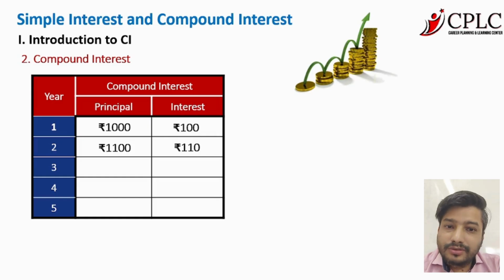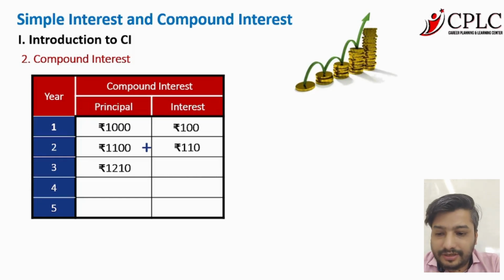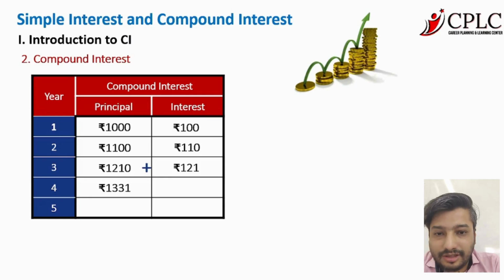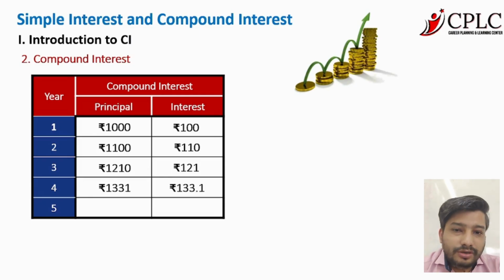Same thing should continue for the next year. This 110 should be added to 1100, makes it 1210 as the new principal for the third year, and on that you are going to get 10%, so that is going to be 121 rupees. Similarly, again that will be added, so your principal becomes 1331. On that you get 10%, so it is going to be 133.1, and so on and so forth.